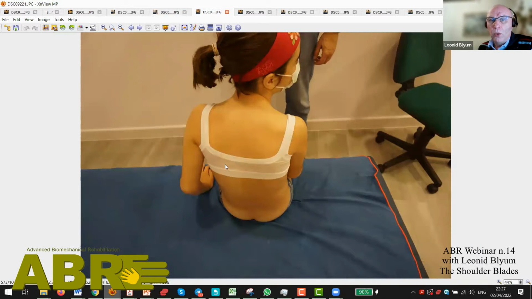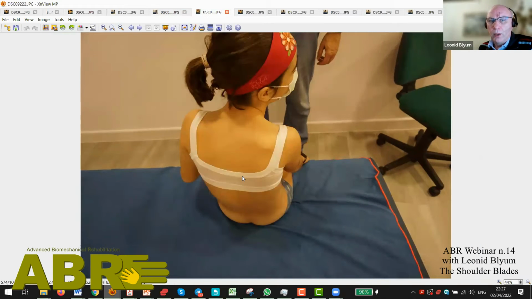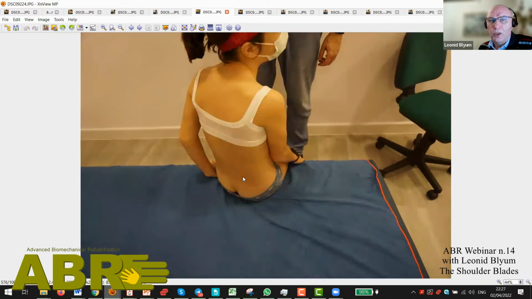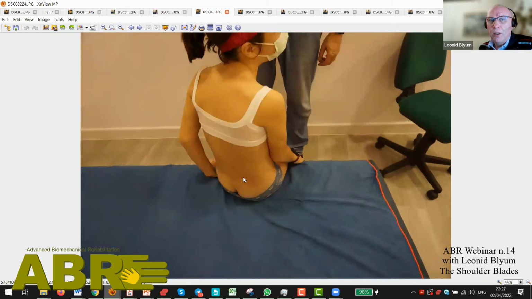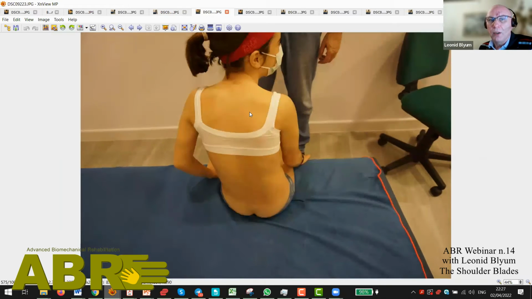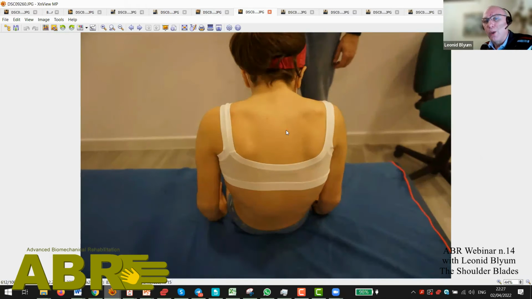And also in this position, the load transfer becomes very obvious and sort of self-generated, right? You can see those edges very clearly.